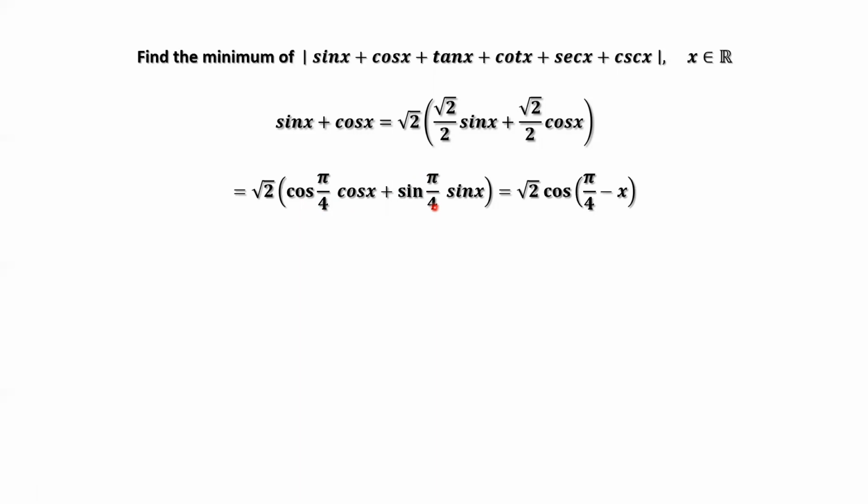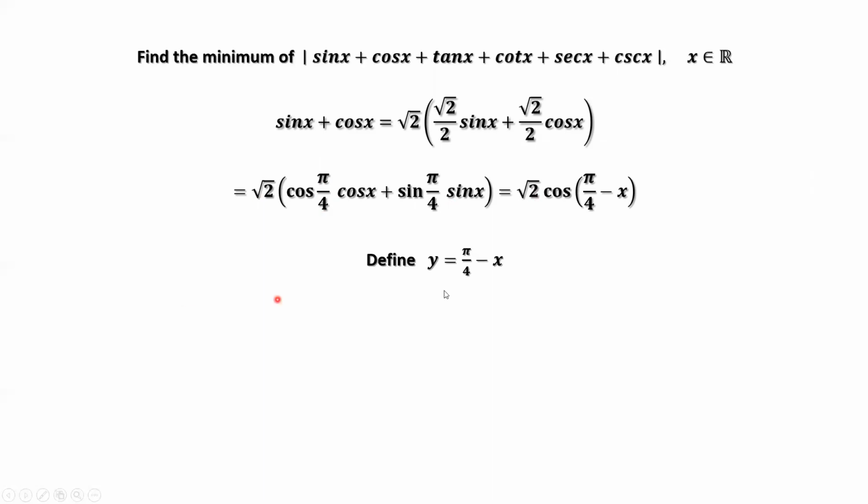Based on the difference formula of cosine, cosine cosine plus sine sine, the second part is cosine of the first angle minus the second angle. We have square root of 2 outside.